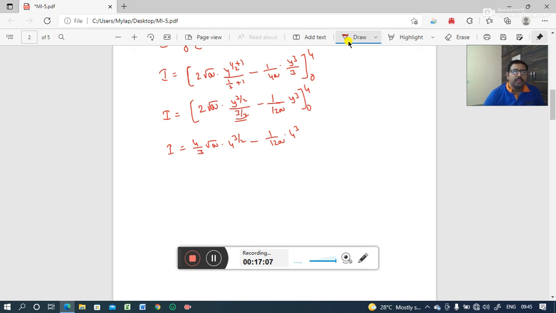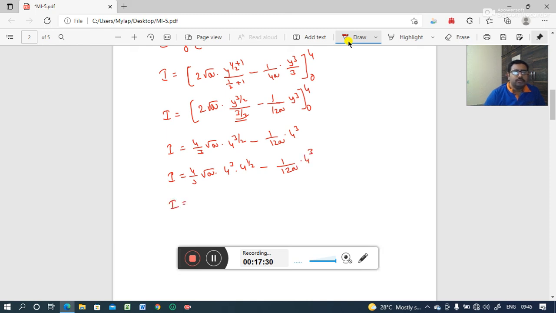Then I is equal to 4 by 3 square root of a, 4 power 3 by 2, which you can rewrite as 4 power 3 into 4 power 1 by 2, minus 1 by 12a into 4 power 3.